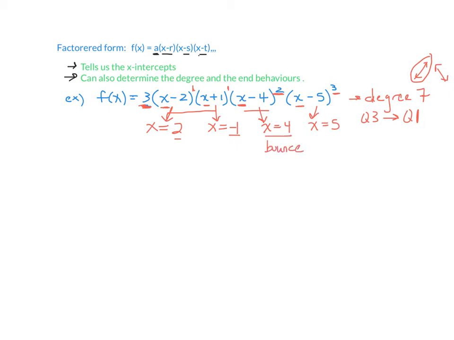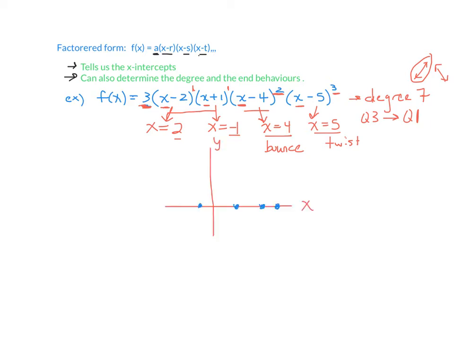It's going to bounce off of the x-axis, and an order of 3 here tells us we're going to twist at this particular x-intercept. We're going to pass through, but it's going to have that little curve there. So we could actually do a little sketch of that function by plotting my zeros and looking at the end behaviors and how the order of the zeros affect the graph.